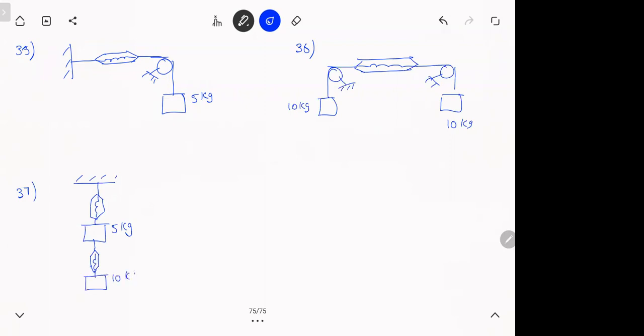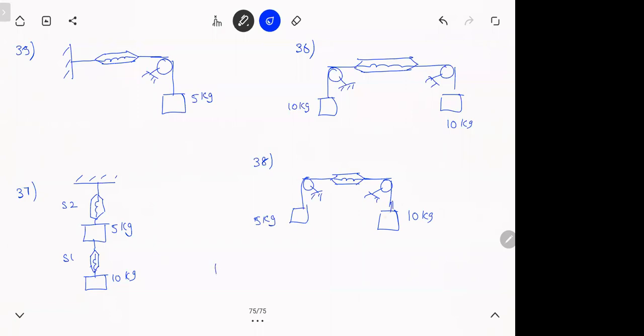This is 10 kg. This is spring 1. This is spring 2. Put down all the questions, we will see one at a time. This is 10 kg. This is 5 kg. The fourth one is a good one.